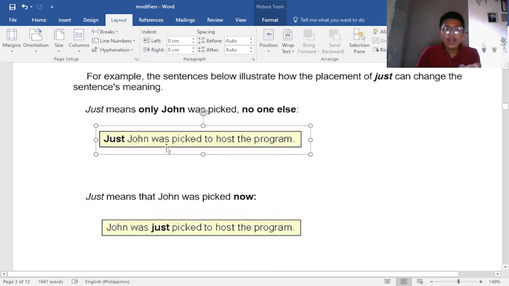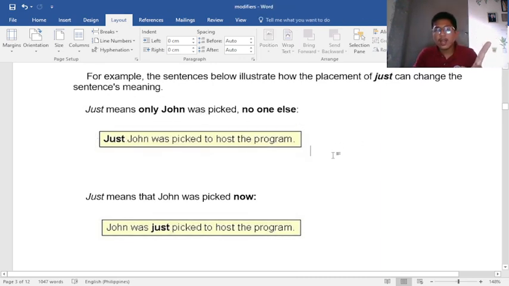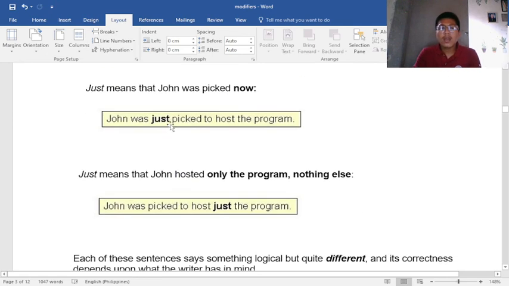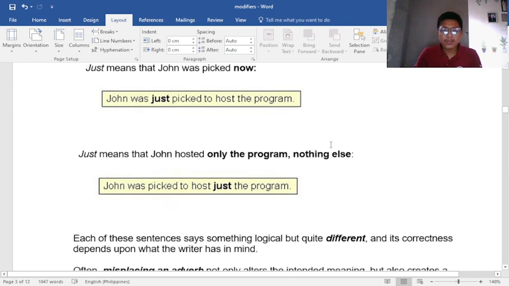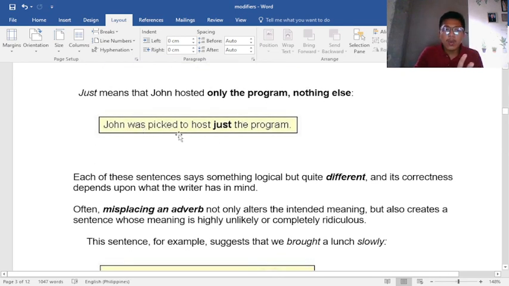The first one, only John. Second one, at the moment, John was chosen or was picked. Then the third one, only the program where John was picked as the host.